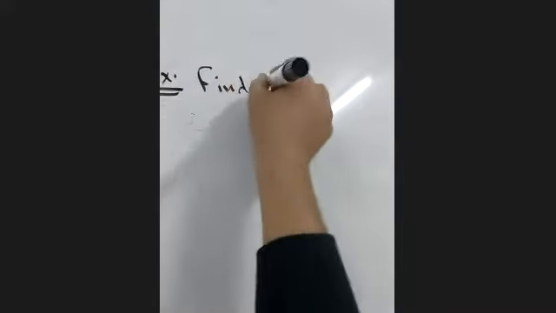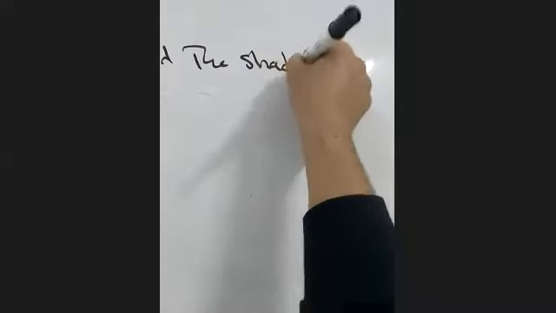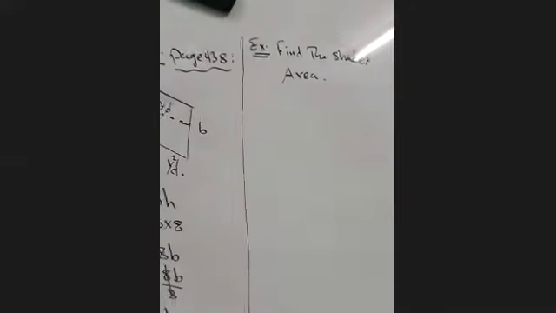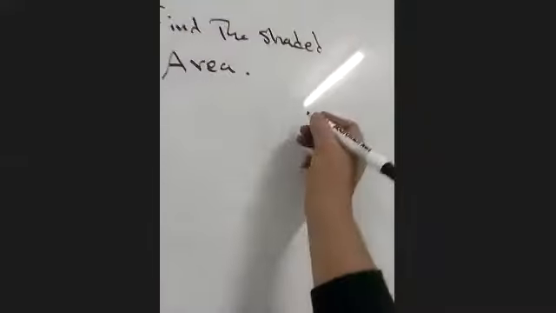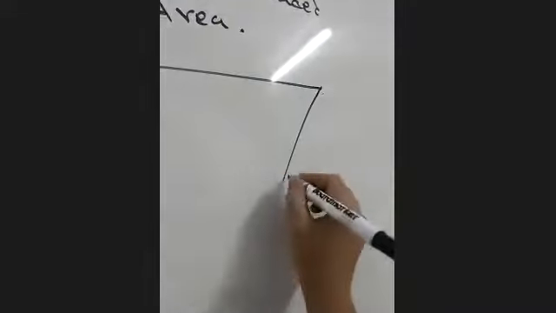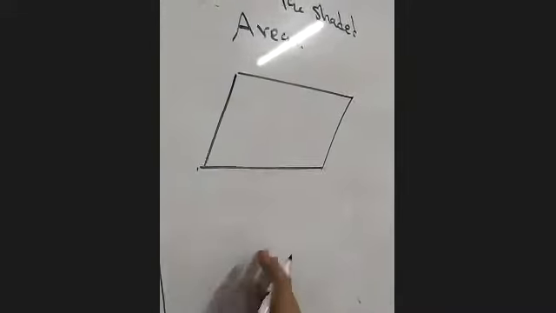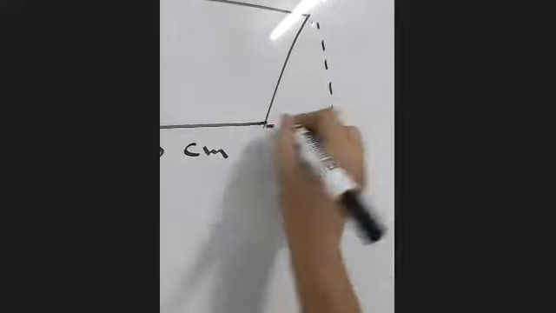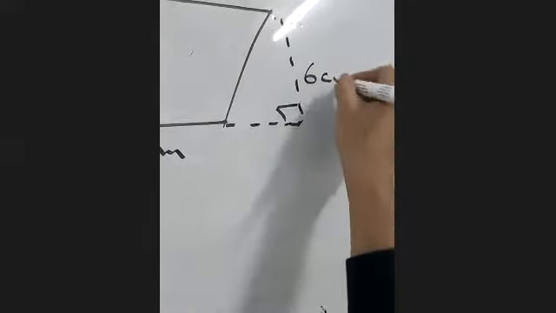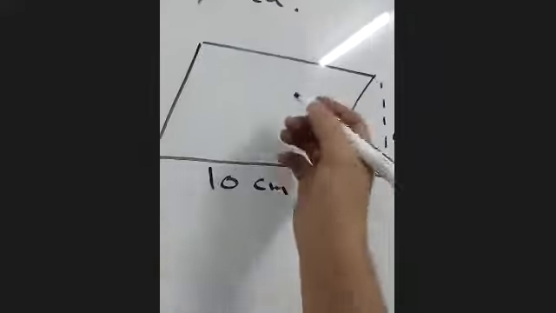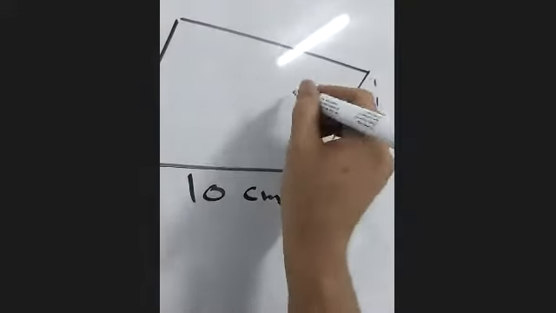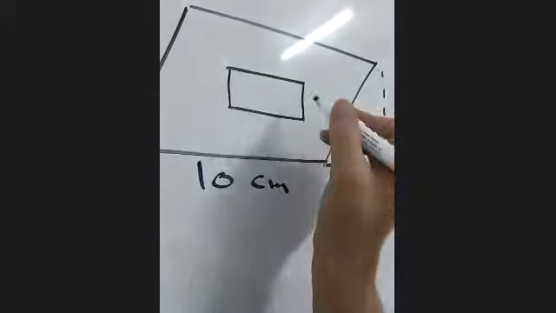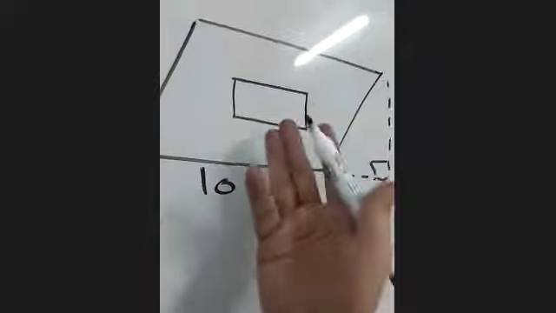find the shaded area. Look here, guys, please. It's an extra example. Try to copy it in your copybook. For example, if we have this parallelogram with base, let's say 10 centimeters, and height, let's say 6 centimeters. And inside the parallelogram, we have, for example, a rectangle.